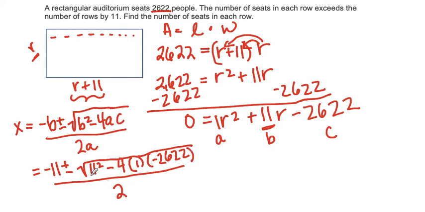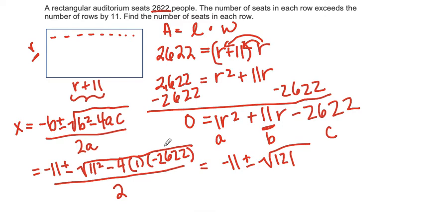Then when I multiply this all out, I did this on my calculator ahead of time. You do 11 squared, and that's 121. And then here we have to watch our sign.